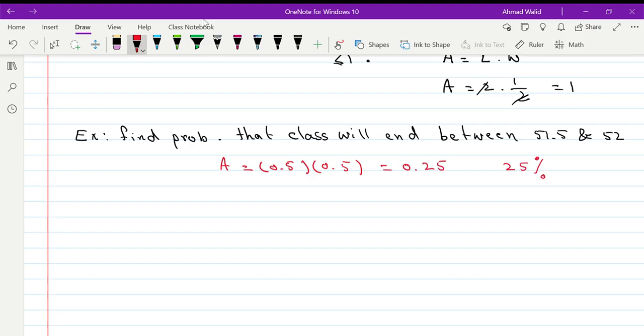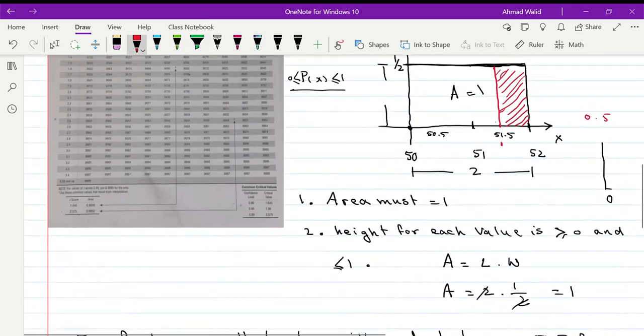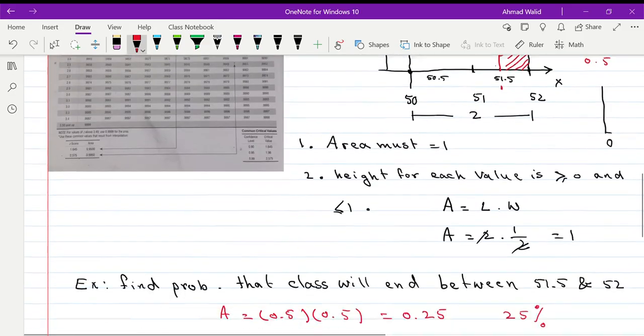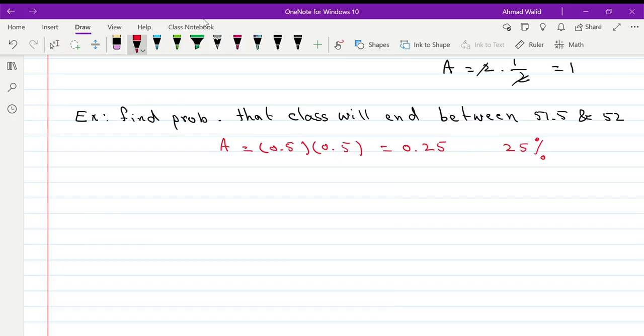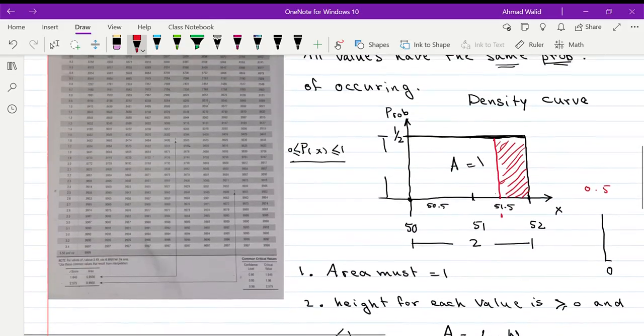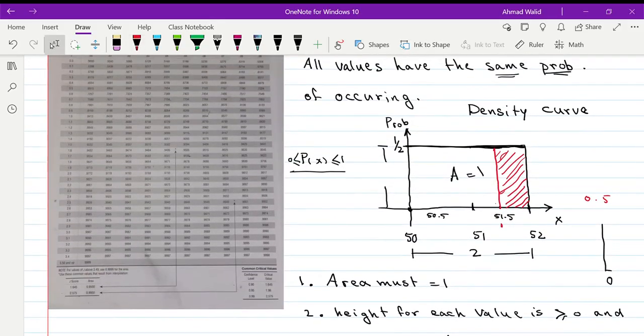Then the probability of finishing your class today between 51.5 and 52 minutes is 25%. Did you see in these two examples, I translate the area as probability? The area of this density curve can represent the probability of something happening.